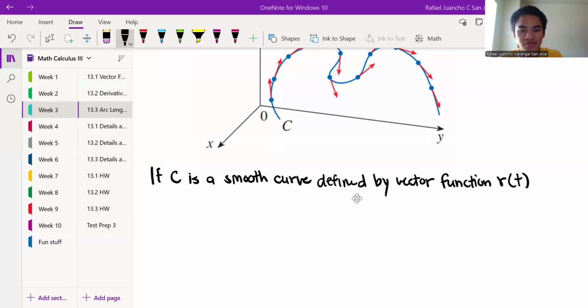Recall that the unit tangent vector T has some formula and indicates the direction of the curve. So it's defined by this R vector function.